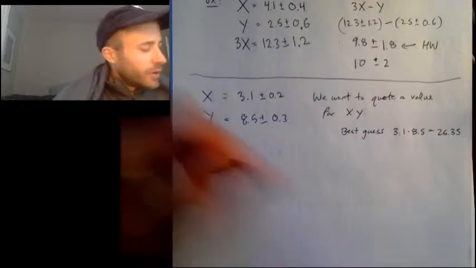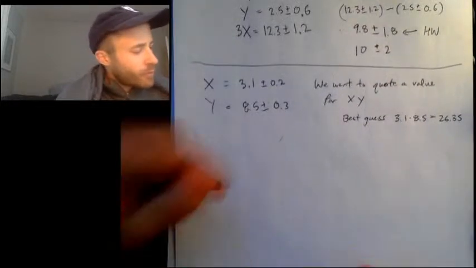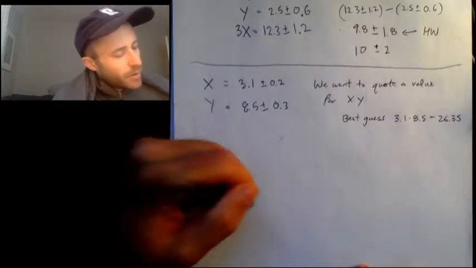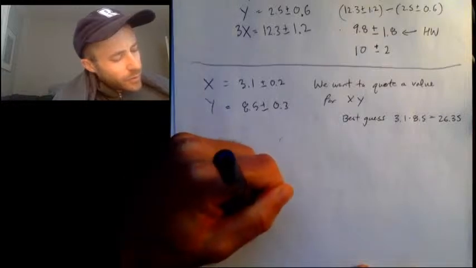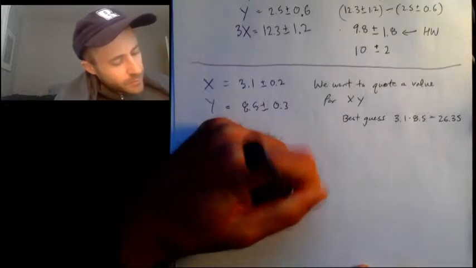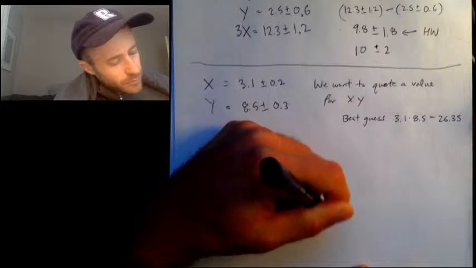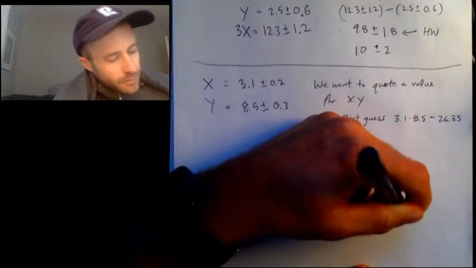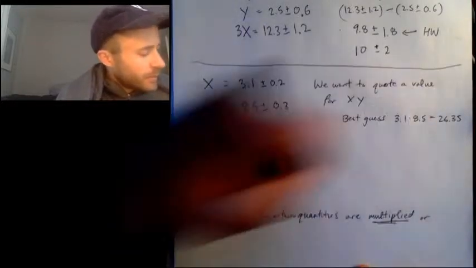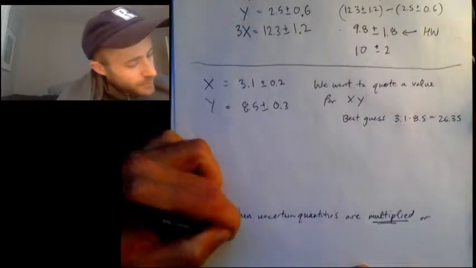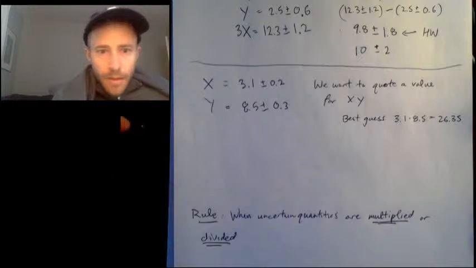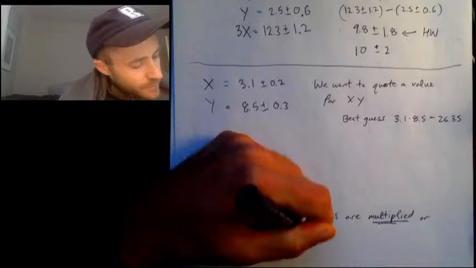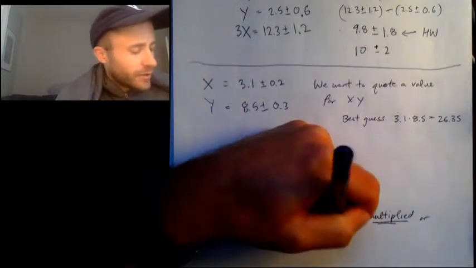Okay, and so here's the rule. When uncertain quantities are multiplied or divided, okay, the fractional uncertainties add.